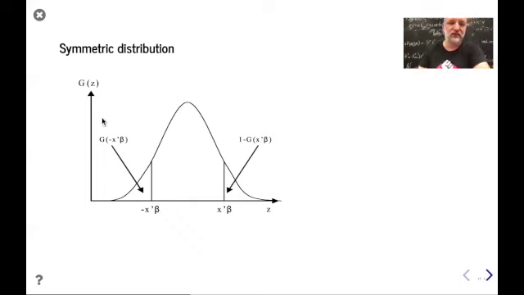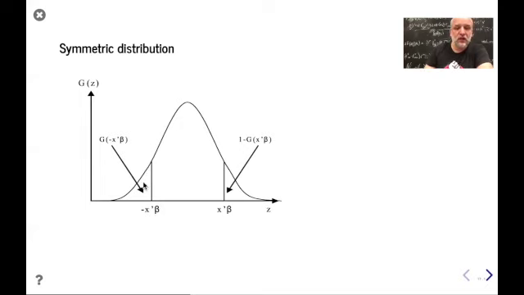So this is the density for that particular variable epsilon, and the area under the density, well, that is the cumulative density, right? So the integral from minus infinity to minus x beta, that is what G of minus x beta is, or the probability that epsilon is smaller than minus x beta.